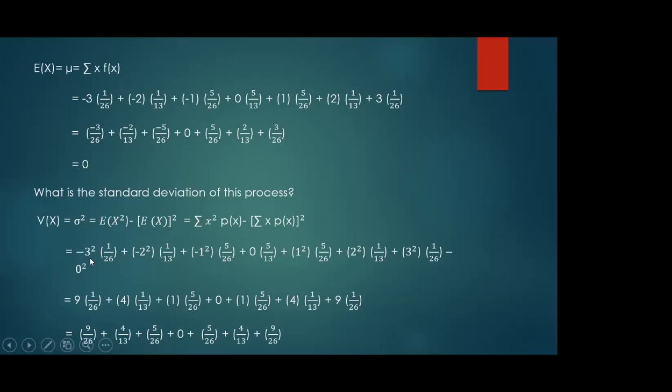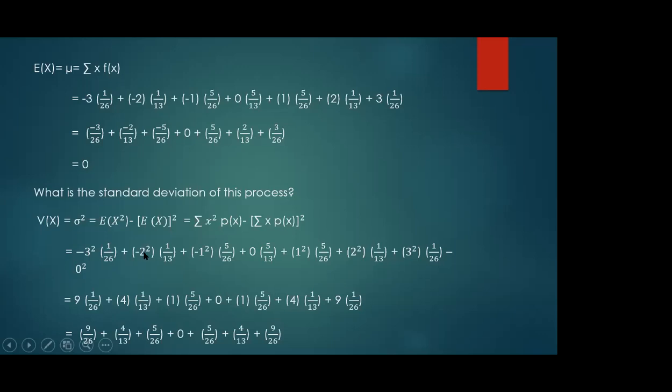So now we're going to calculate the front part of our equation, which is negative 3 squared times 1 divided by 26 plus. You're going to square each of your x values and multiply it by its probability.